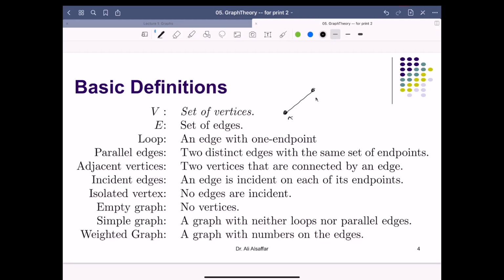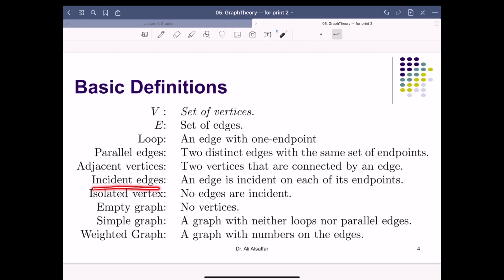Now if I have another vertex here and another vertex here, and suppose that these are the edges. Now this vertex and this vertex are not adjacent because they don't have a shared edge between them. If they are connected directly, then they are adjacent. Now these two are adjacent, these two are adjacent, and these two are also adjacent.